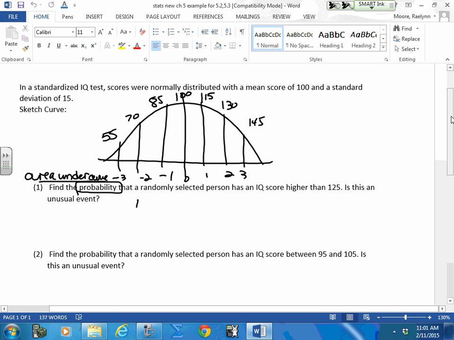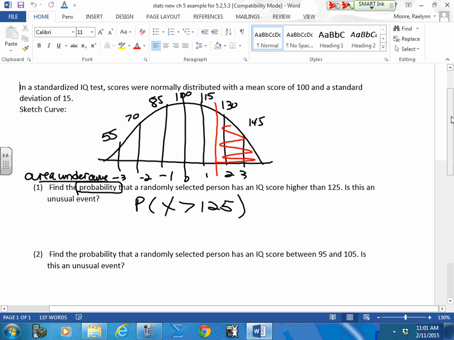Find the probability that a randomly selected person, there's my variable, has a score higher than 125. So we find your 125, which would be here somewhere. We want the probability that their score is higher. Is the probability that that score is higher than 125 greater than 50% or less than 50%? Less than 50%.